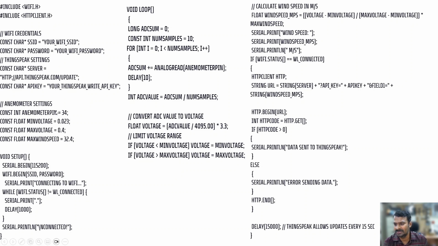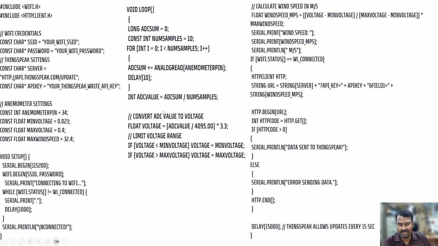The next step is the anemometer setting. I have connected the anemometer to pin number 34, and these are some variables for calculating the wind speed. In the void setup mode, we begin the serial port and Wi-Fi and all those things are put here. In the loop, we take a variable long ADC sum, and we take 10 samples of the wind speed, and these samples are added up, and then we take an average of it.